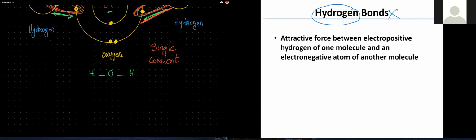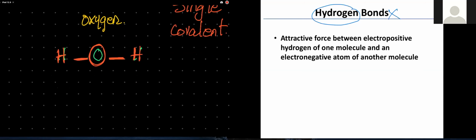So what I have in here is oxygen attached by a single covalent bond to this hydrogen and another single covalent bond to this hydrogen. I cannot say it's a double covalent bond. I'm looking here at the relationship between two, not between three.